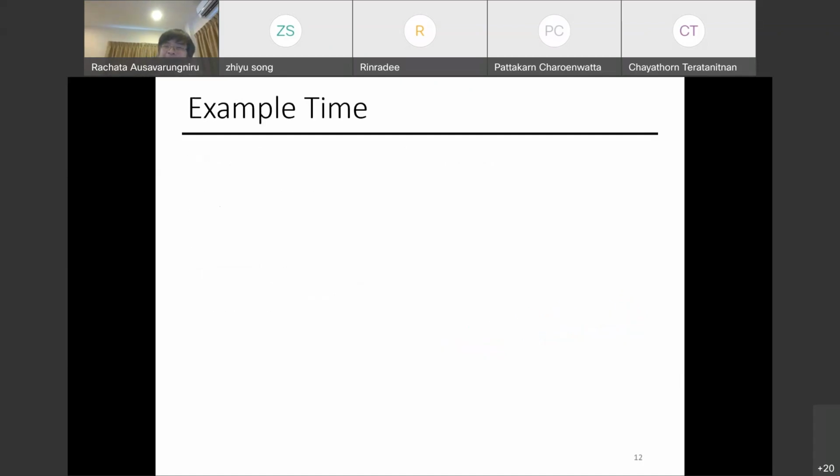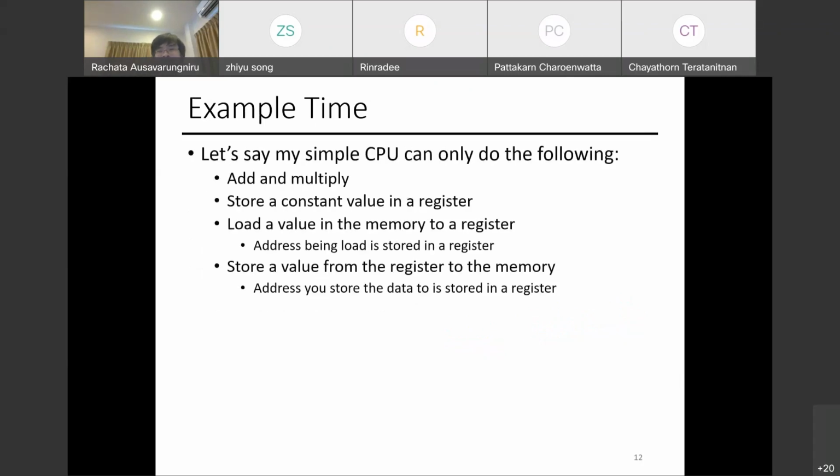All right, example time. Let's say we have a simple CPU that can only do the following: add and multiply. Really simple. I can store a constant value in a register. I can load a value from memory to a register, and then I can store that value.